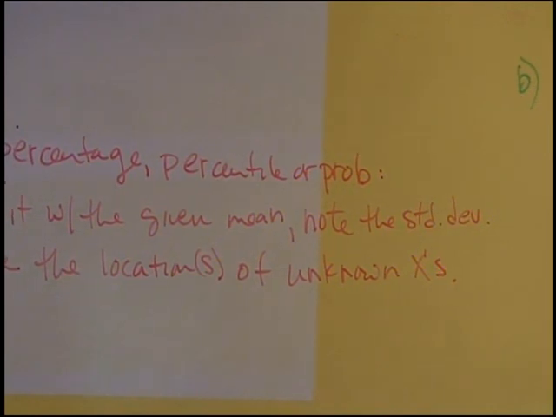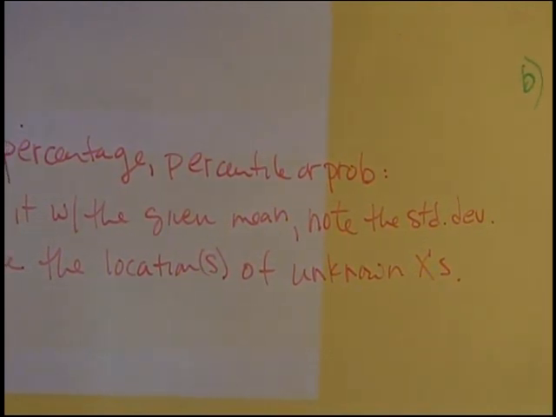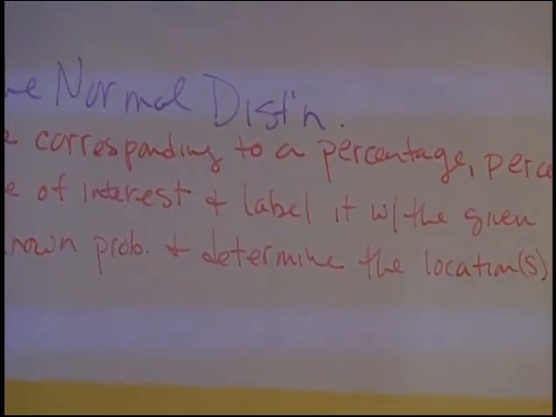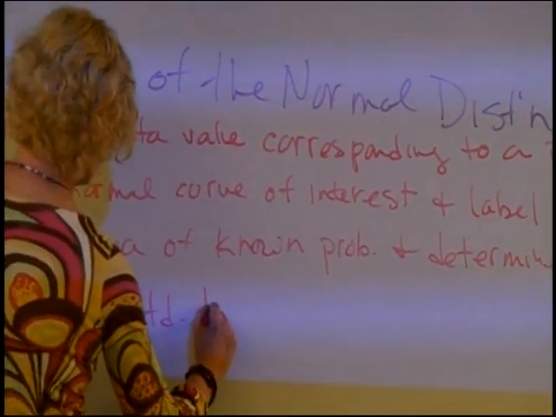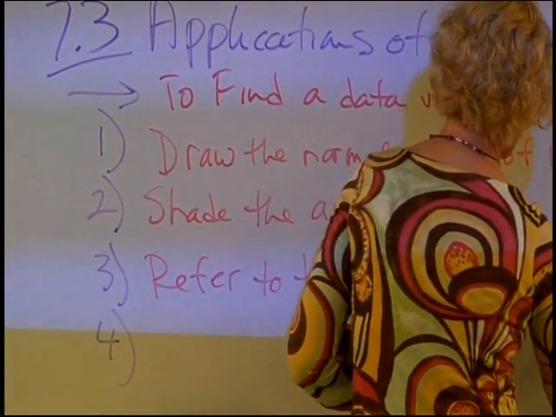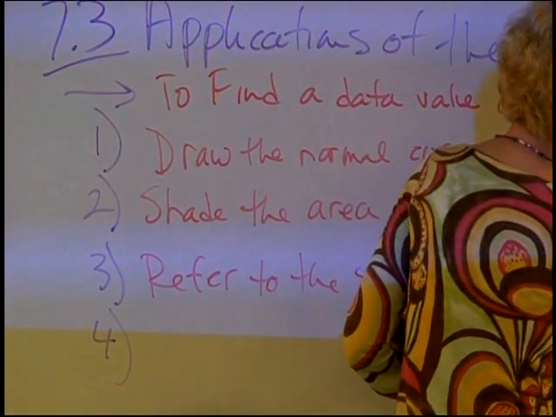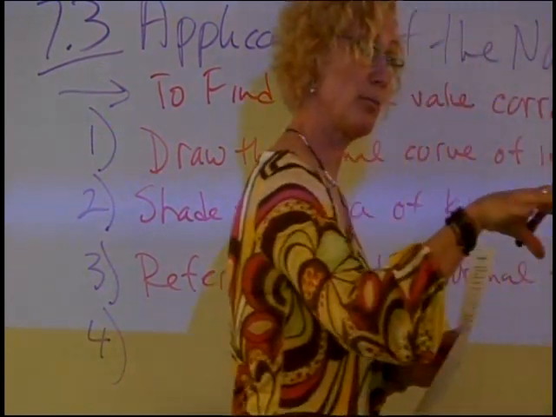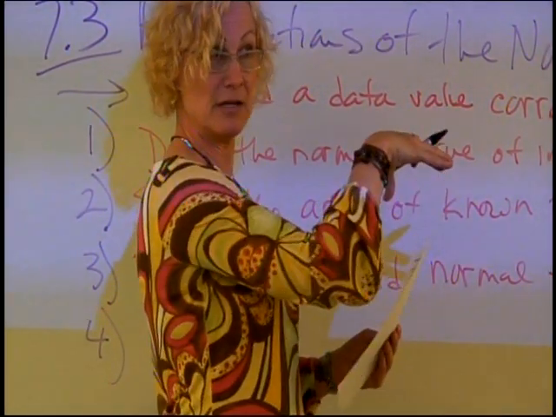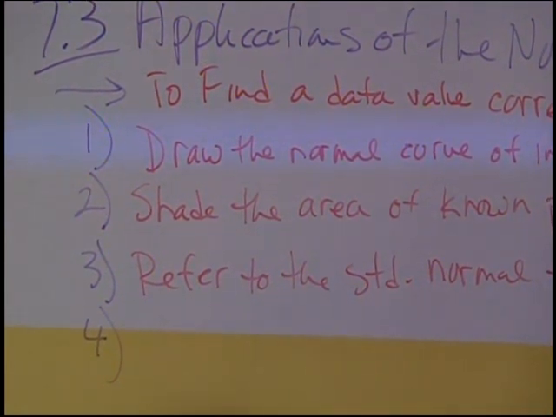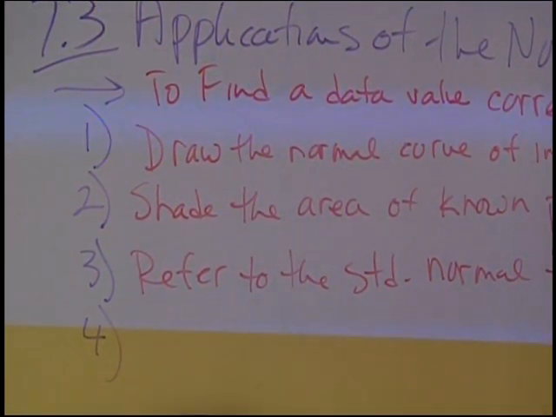Then we're going to refer to the standard normal table backwards, like we did last time, looking up a probability and finding a z, to find the z-score or scores of interest.